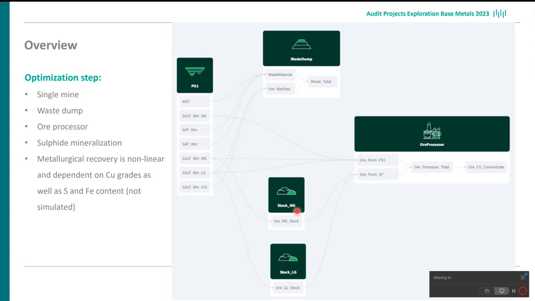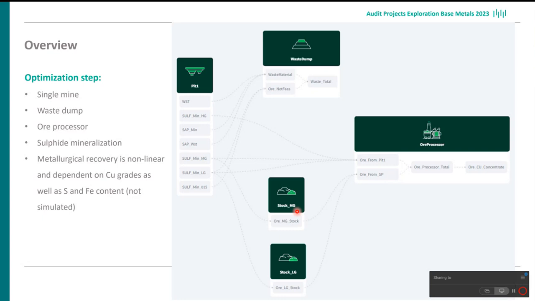We predefined a minimum and a maximum grade that could feed those stockpiles in order to help the optimizer with blending these grades and feeding the material.